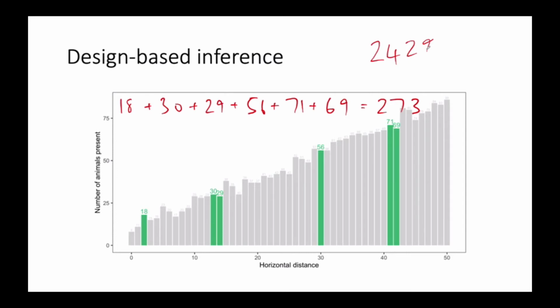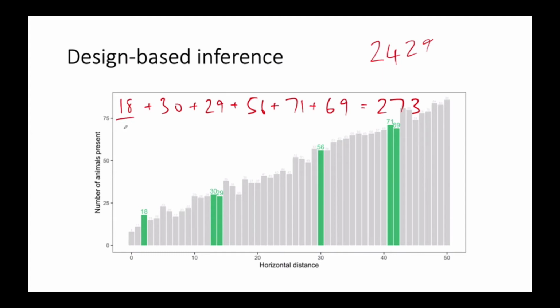The amount that we need to upweight each observation by is given by the inclusion probability. The inclusion probability is the probability of including each potential sampling unit in the survey, including the ones that you didn't end up choosing. Here we had 51 sites, and we chose 6 of them totally at random, so the inclusion probability is 6 over 51 for any plot.